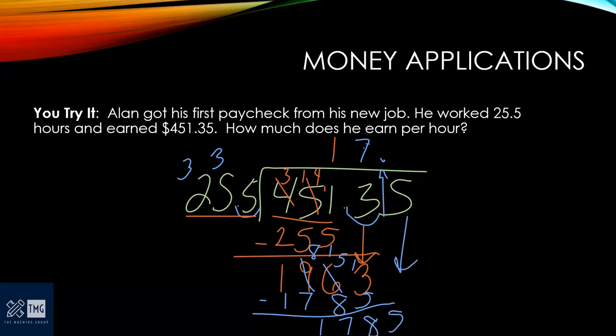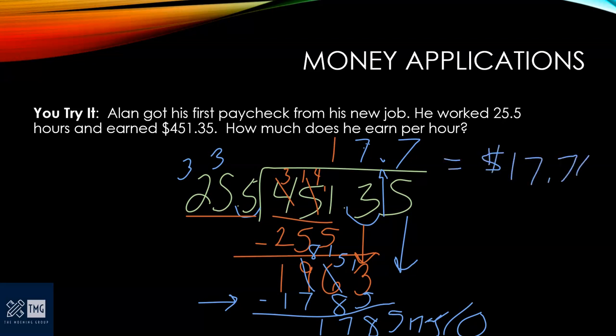Now I have 1785, which is exactly what we had in the line before. So how many times is 255 going to go into that? 7 times, because I'm going to get another 1785 for a remainder of 0. So in dollar amount, Alan is going to earn $17.70 per hour.